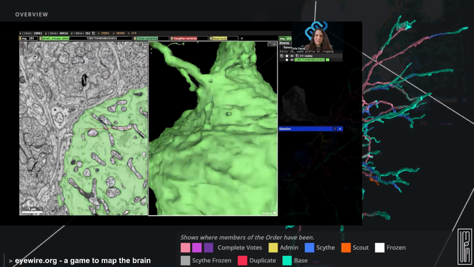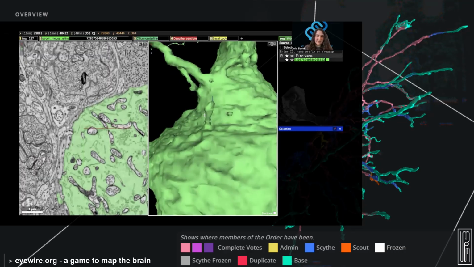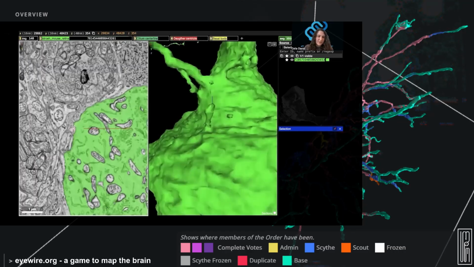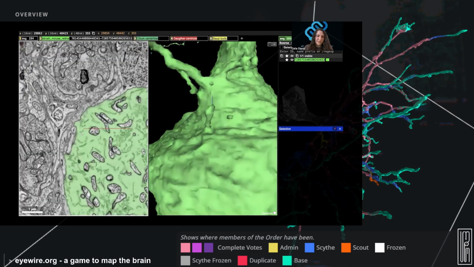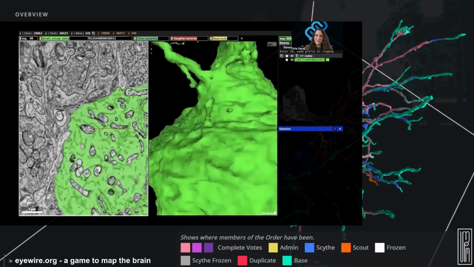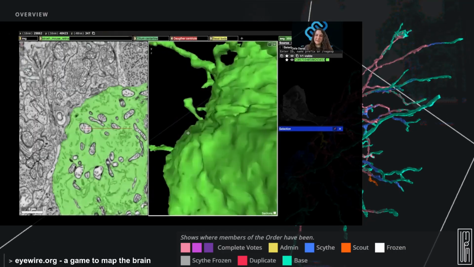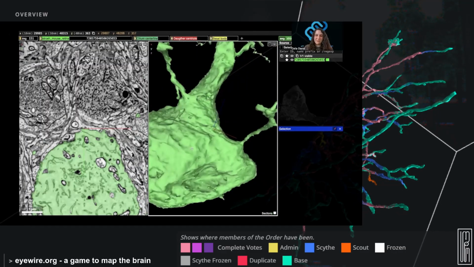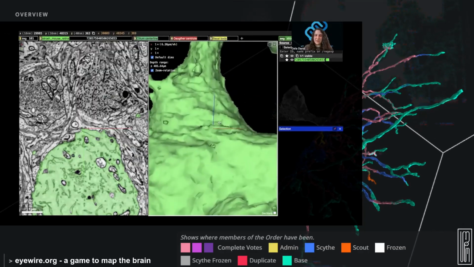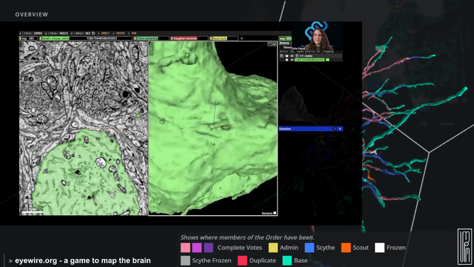So here we have one that is exiting the cell right here, but if we look in this area, I'm not seeing any of those hallmarks of it actually being the cilium. So in this one, the cilium is actually right here and it's kind of hugging the cell body.